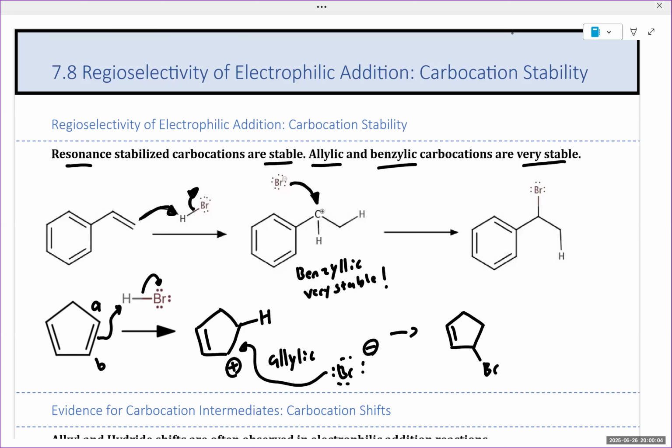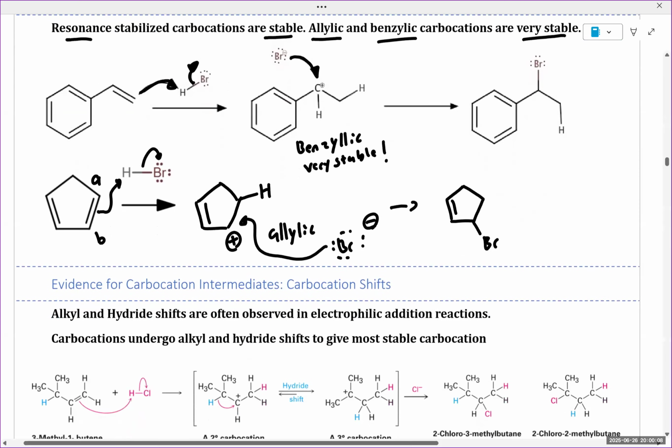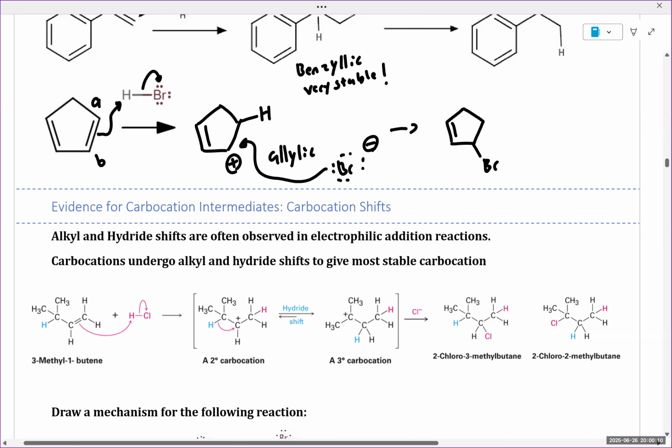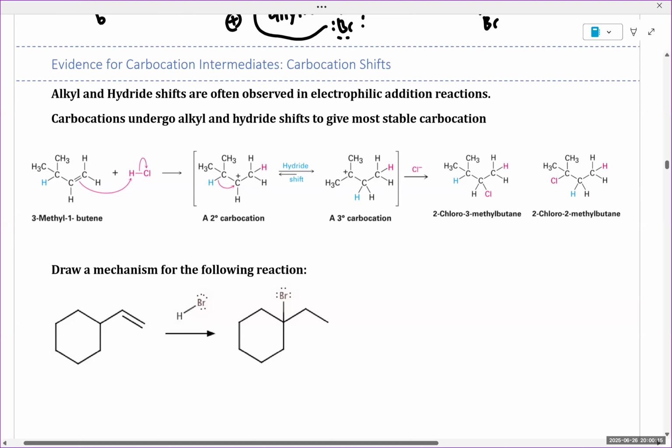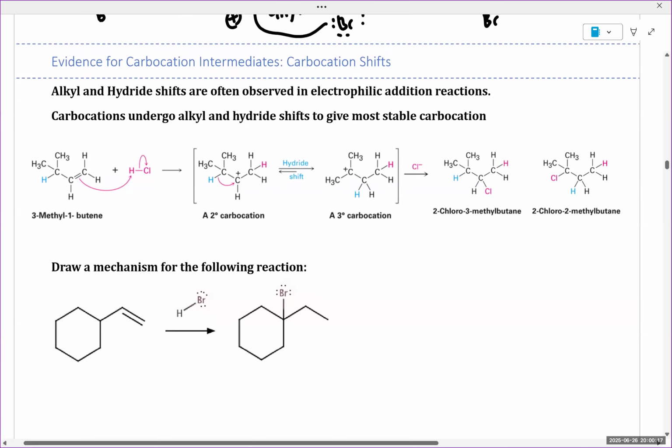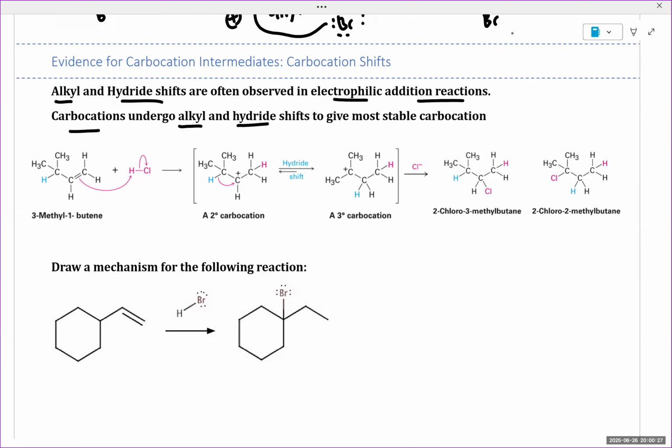Now, you may be wondering, how do we know that we're actually going through a carbocation? Well, we have some evidence in terms of kinetic studies, but we also see evidence for carbocation intermediates by virtue of the fact that we observe alkyl and hydride shifts for these electrophilic addition reactions. Carbocations can undergo alkyl and hydride shifts to give the most stable carbocation.